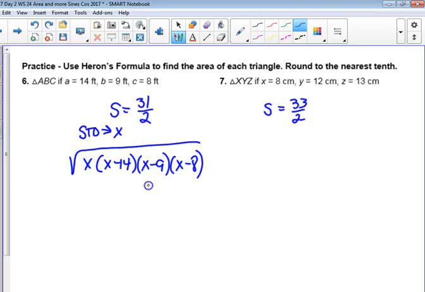Okay, I didn't really store it all. I kind of cheated, but is anybody getting that or not? 33.7 square feet.